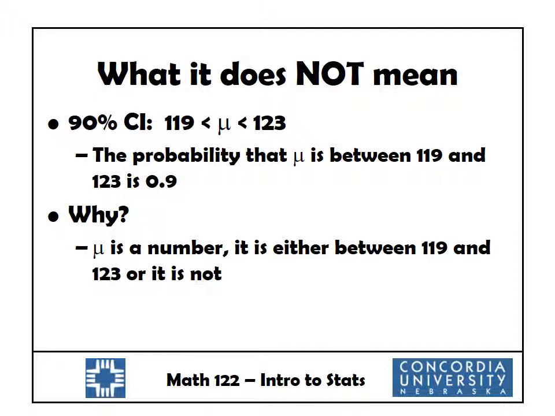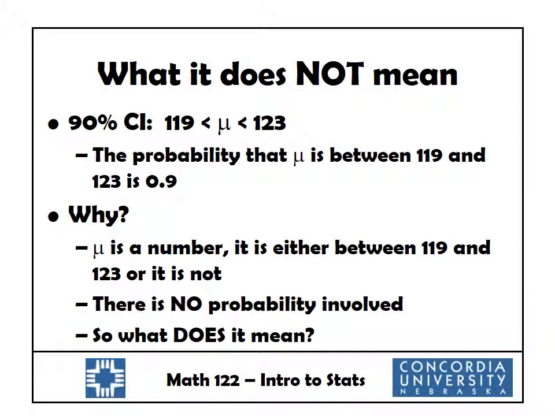It's either between 119 and 123 or it's not. There's no probability involved. Now, we don't know which, but it's one or the other. We can say that for sure. So what does a 90% confidence level mean? We're going to try to answer that and illustrate it with our activity.